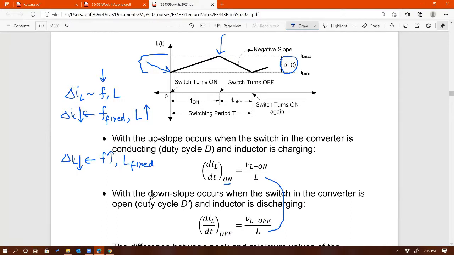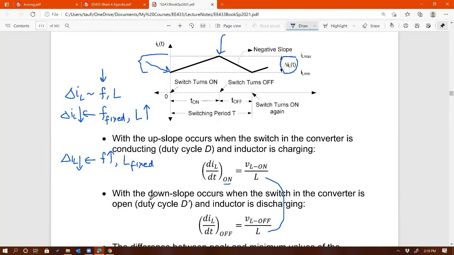That MOSFETs, IGBTs, all of those switching electronic switches, solid state switches, these are all limited when it comes to switching capability, right? They have limitations, right?